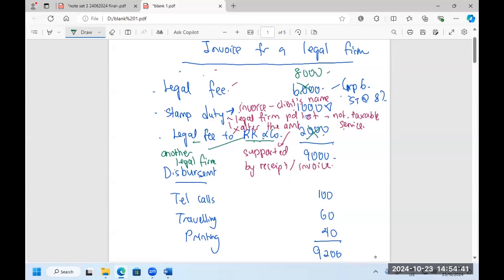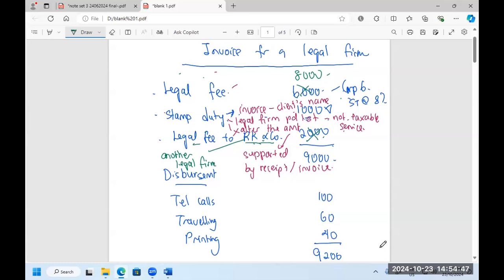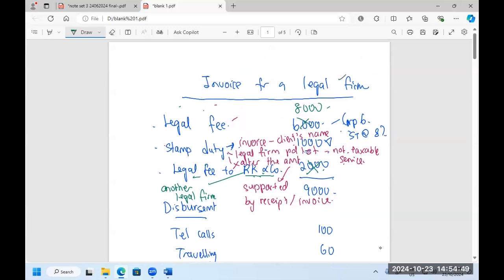And the invoice from RK and K is in whose name? This legal firm's name. RK and K will not issue the invoice in your client's name because the client doesn't even know that this legal firm went and sought legal advice from another more advanced firm, RK and K. Correct or not? So the client is not aware.